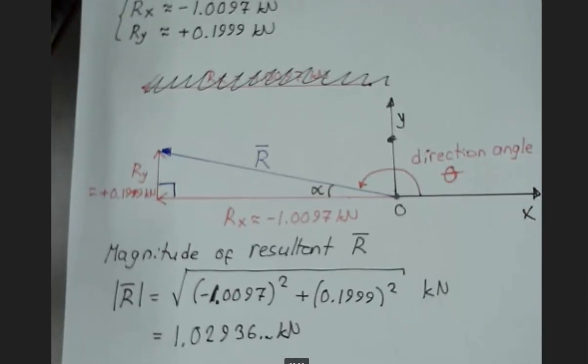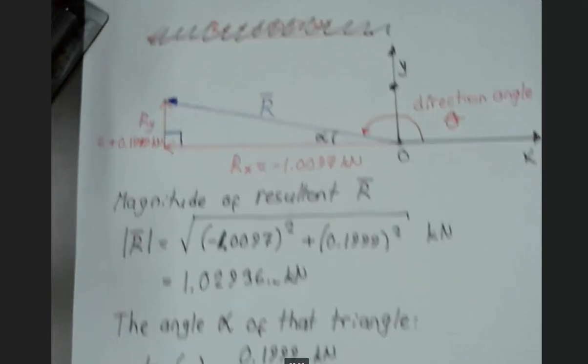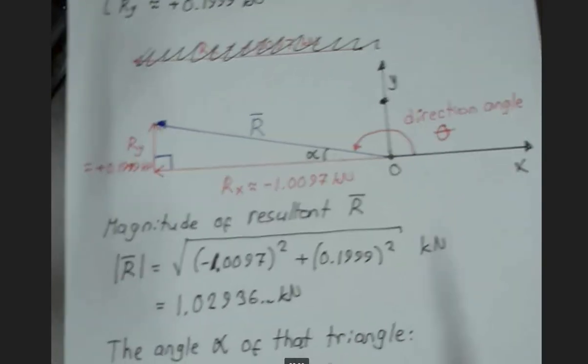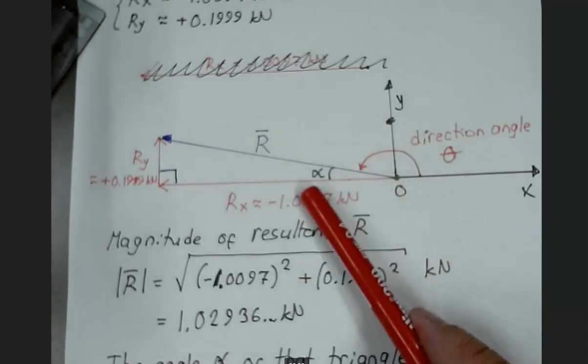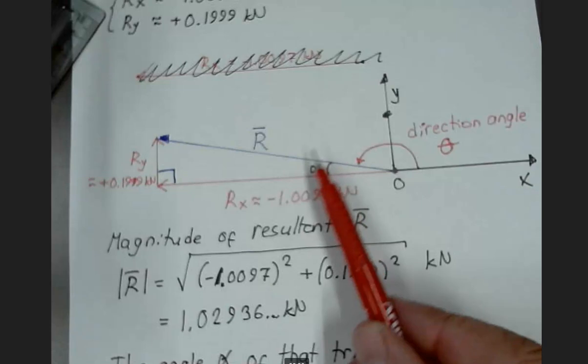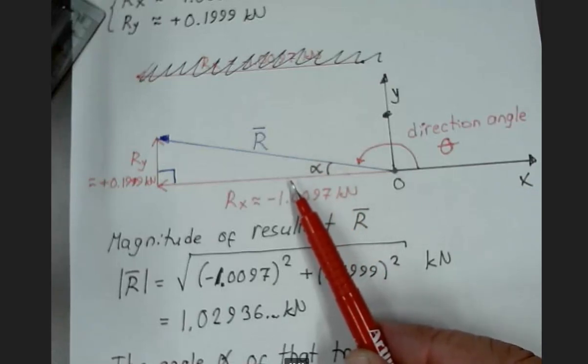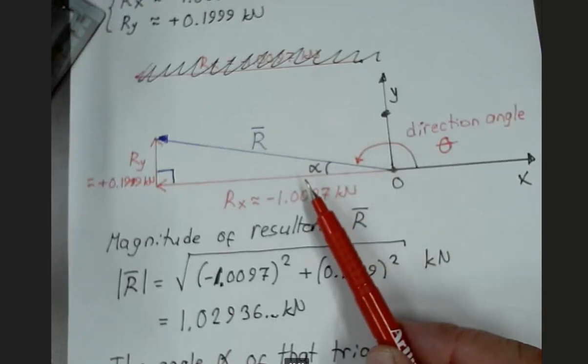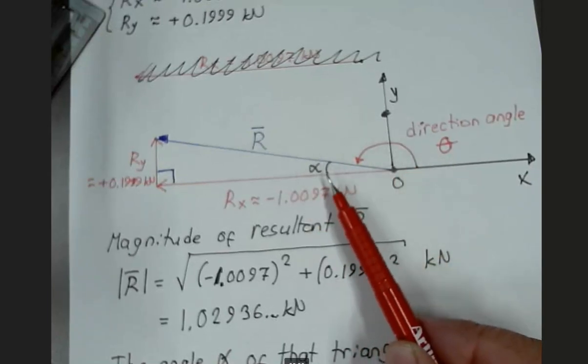It is not defined by any how. You may choose what name you want to take, but maybe this theta is quite good. So in this case, the direction angle can be calculated when you know that this angle, if you start from positive x-axis and end up to negative x-axis, this will be 180 degrees, and then you have this alpha here.